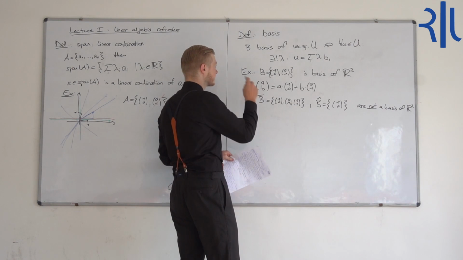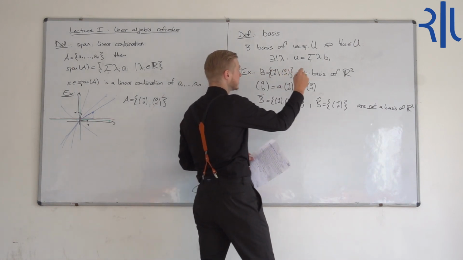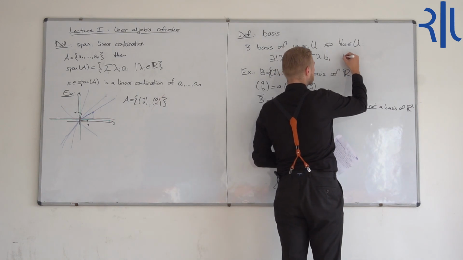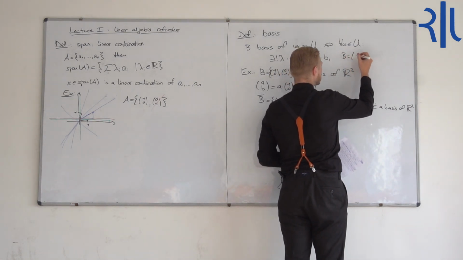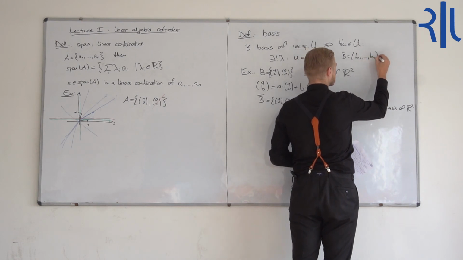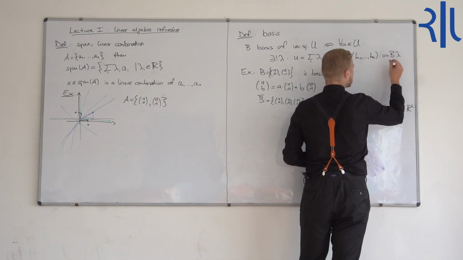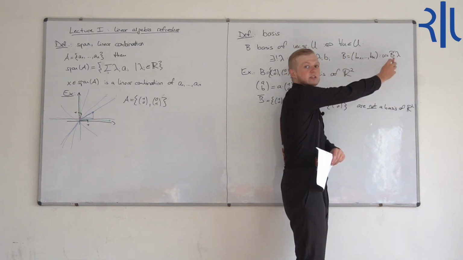And usually, we can also write that here with B, writing it as a matrix. We can write U as a matrix vector product.